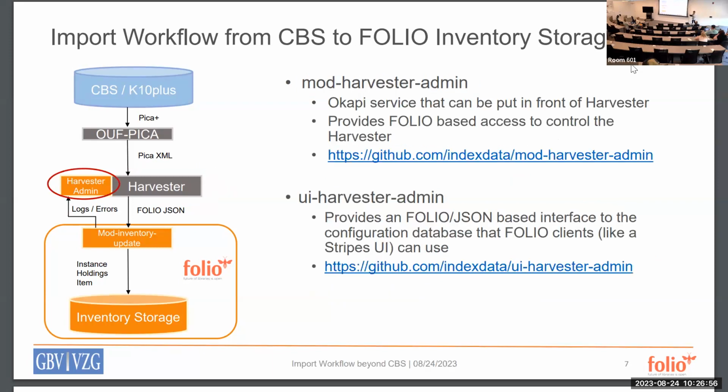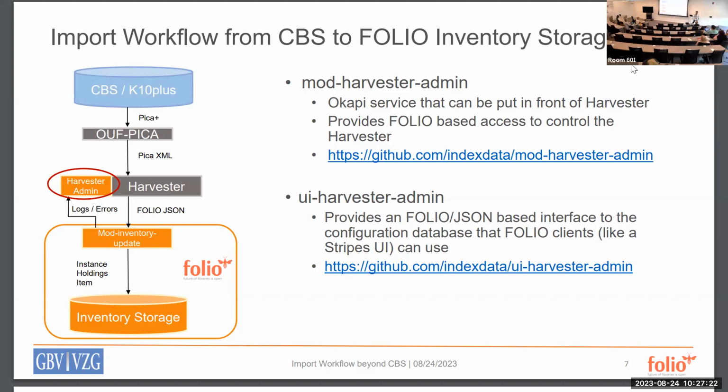But what the harvester could not do is store the logs and give us information about failed records. And this is very crucial for us, that we can see which records failed and why they failed. And so the Harvester Admin module was built. And it looks and feels like FOLIO, as I will show you.